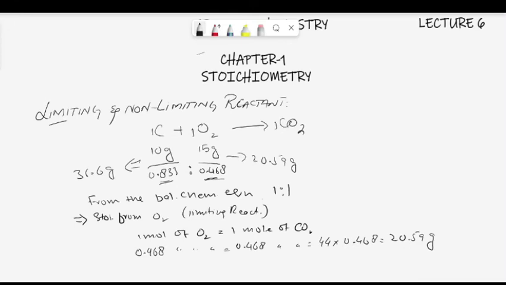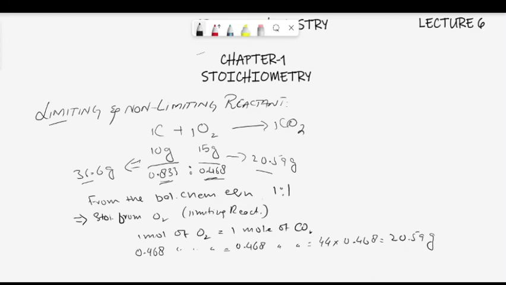Secondly, the limiting reactant is a reactant which produces a lower amount of the product. So from carbon, we should have 36.6 grams of carbon dioxide produced as a result, and from oxygen, we will have 20.59 grams of carbon dioxide, and that makes oxygen the limiting reactant.